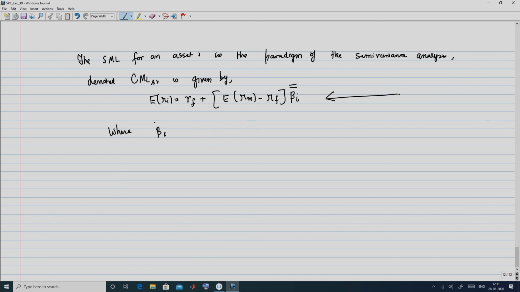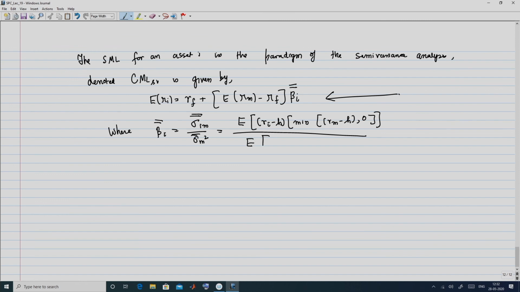Now, I have to define that beta I double bar. This is going to be sigma I m double bar over sigma m square double bar, and the numerator according to the definition is going to be the expected value of (Ri minus h) into minimum of (Rm minus h, 0), and the denominator is simply going to be the definition of semi-variance for the market portfolio, which is expected value of minimum of (Rm minus h, 0) whole square, and this can be reduced to E of (Ri minus h) into (Rm double bar minus h) over E of (Rm double bar minus h) square.